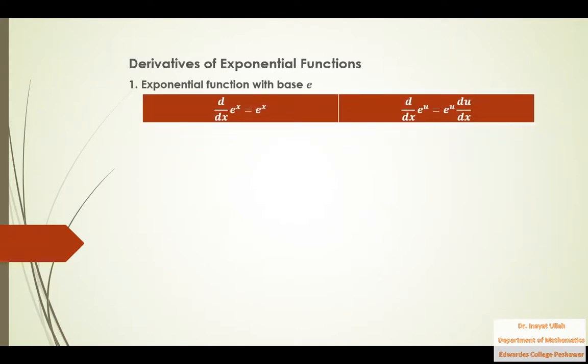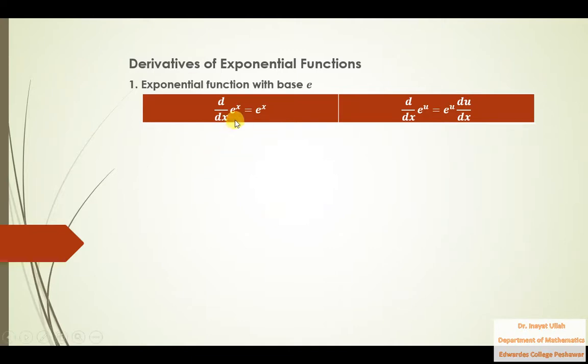Here's a function e power x. e is a constant number between 2 and 3. That is an irrational number, so this base is constant here, and this variable is x. So the power of this function is a variable x and the base is a constant number, so that is actually an exponential function. Now what is the derivative of e power x?